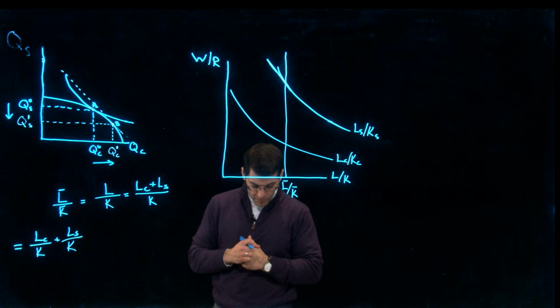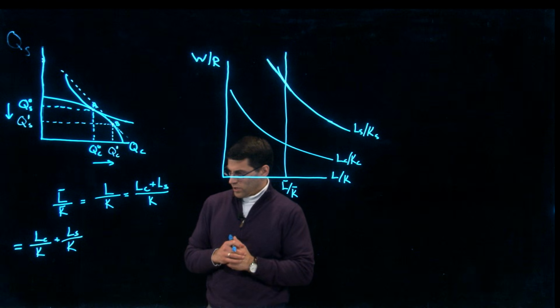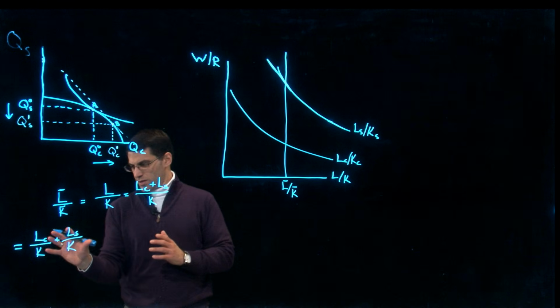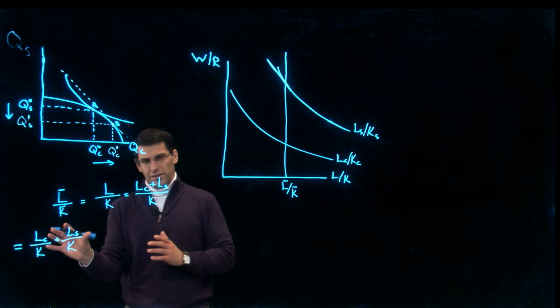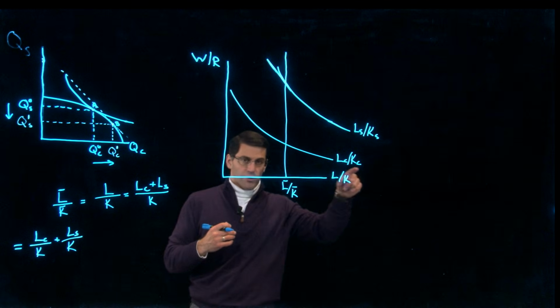Now, what can we do with what we have here? How can we show that the overall labor demand is kind of an average, a weighted average of these two individual labor demands?